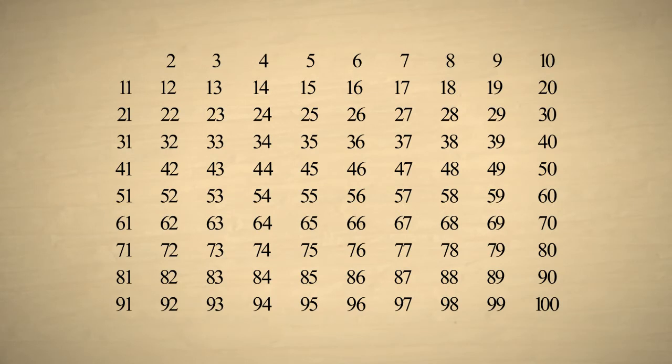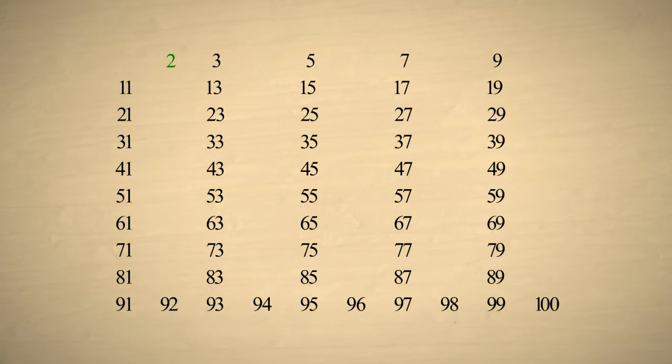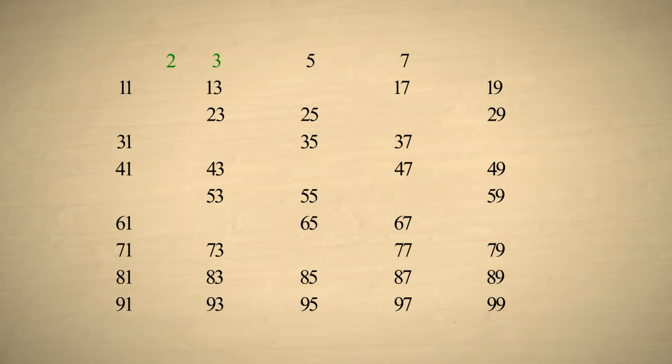We start by marking 2 as the first prime number. Then we eliminate all numbers divisible by 2 from our list, since these are composite numbers. Once we eliminate these numbers, the next number in our list, 3, will be prime. We then eliminate all the numbers divisible by 3, since these are composite numbers.